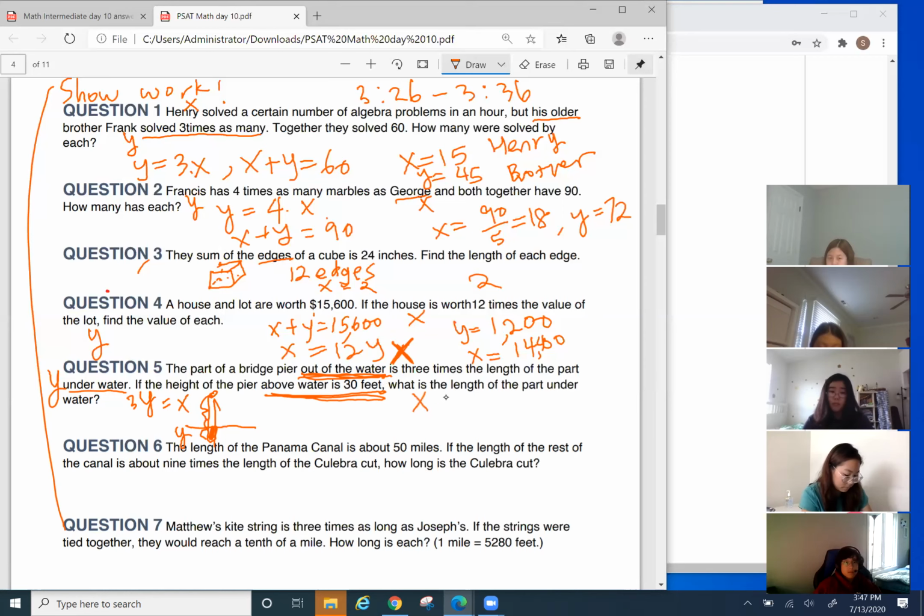So the first equation is x equals 30, and then they said x is equal to 3 times the length of the part that's under the water. Yeah, that's right. And then if you solve, y is equal to 10. So that's the answer. It's a rather simpler equation. So that's why we got more confused.